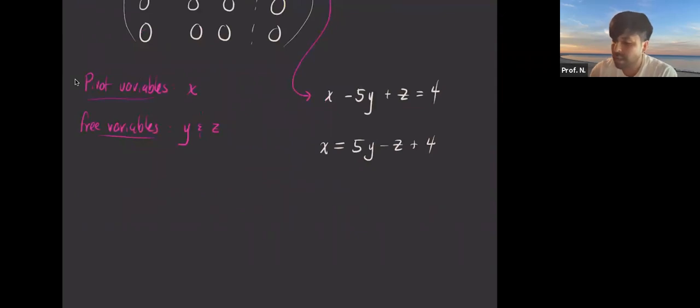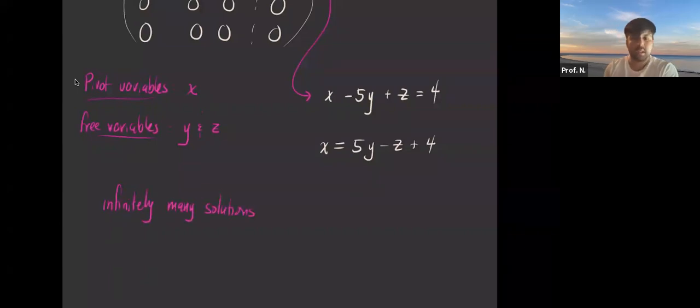So then what do we say here? The system also represents a system that has what? Infinitely many solutions. And what are my solutions going to look like? Well, the first entry is going to be 5y minus z plus 4. What's the second entry going to be?